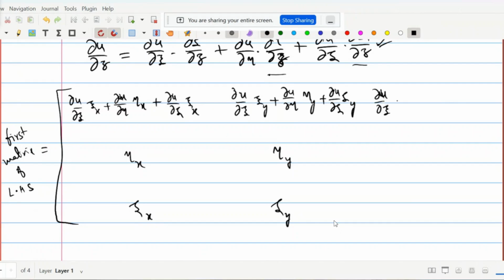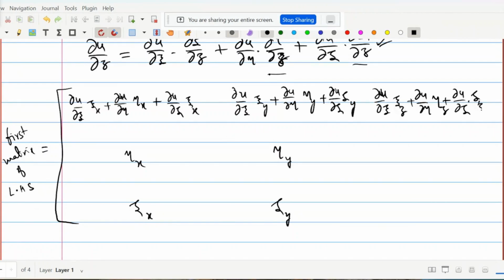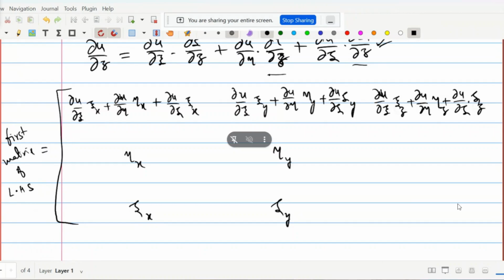Okay, here ξz plus ∂u/∂η into ηz plus ∂u/∂ζ into ζz. So be careful. So this is your z. So here ηz and here ζz. So this is your matrix.